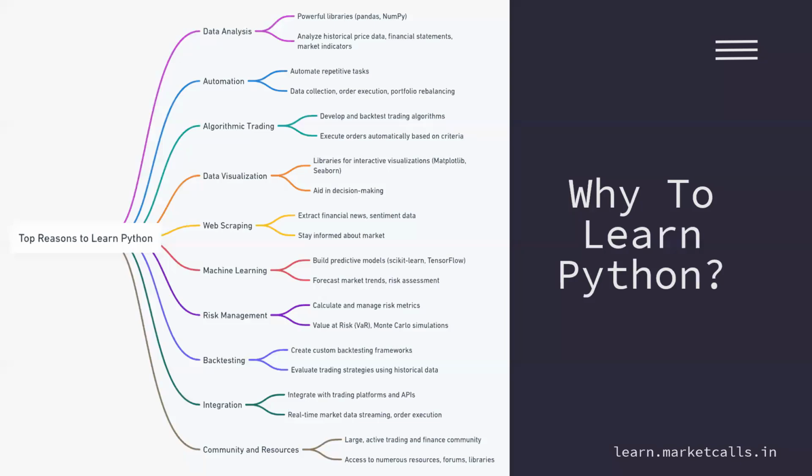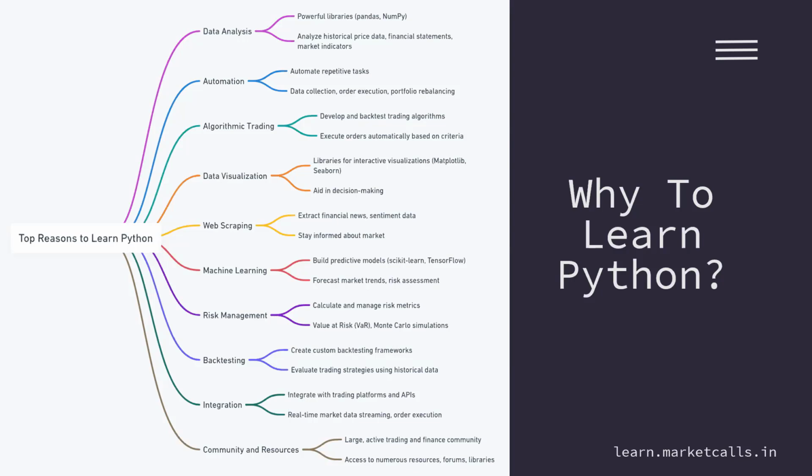Recently, Python is getting popular because of algorithmic trading. Not only that, if you have any boring job, you can easily automate it using Python. One of the beautiful things about Python is that you can visualize data. You can plot candlestick charts, indicators, Renko, point and figure, any kind of charts.